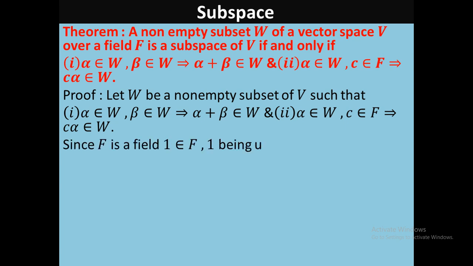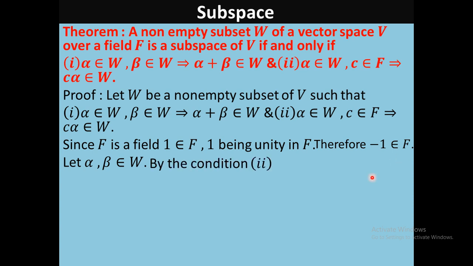Since F is a field, 1 is in F, 1 is the unity in F, you know the field, therefore minus 1 is also in F. Since F is a field, then F plus is a commutative group, so the additive inverse of 1, that is minus 1, is also available in F. Let alpha, beta be two elements in W. By condition 2, minus 1 dot beta, that is minus beta, is in W. Here you assume that W is a non-empty subset of V satisfying those two conditions.